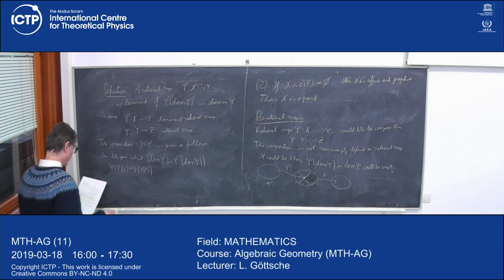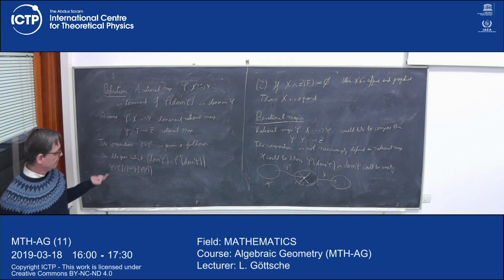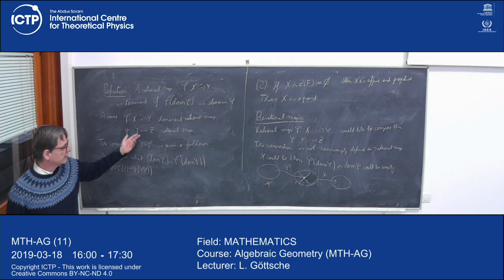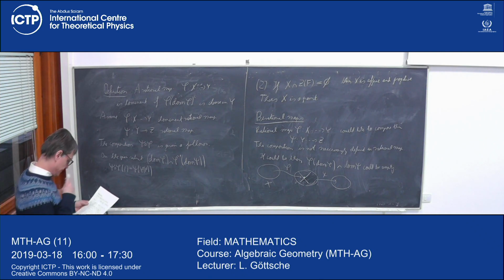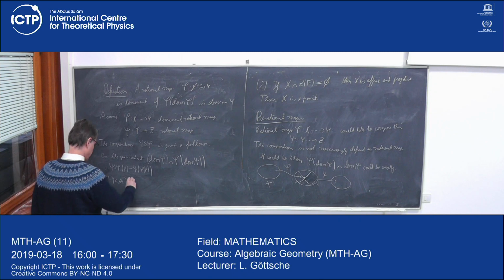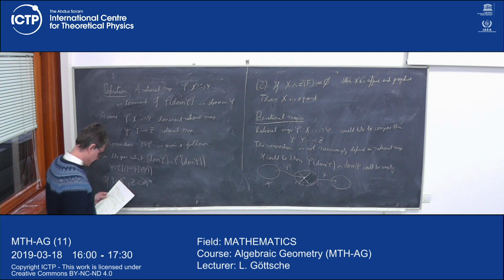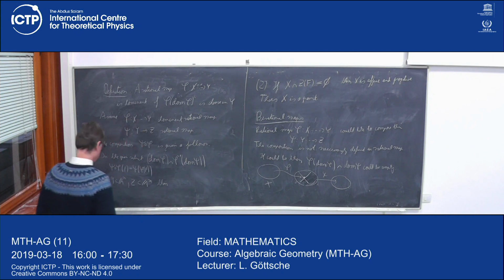So for instance, if for simplicity we just assume that X, Y, and Z are all in some affine space, it doesn't make a big difference, so say Y is in A^n and Z is in A^m, some subvarieties.